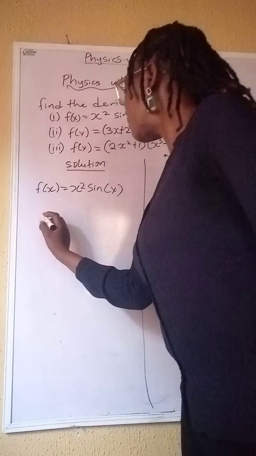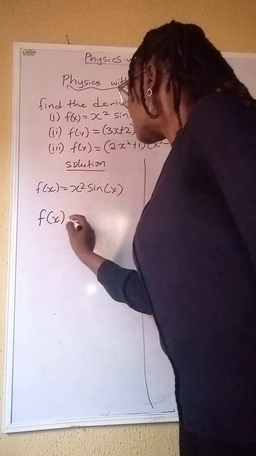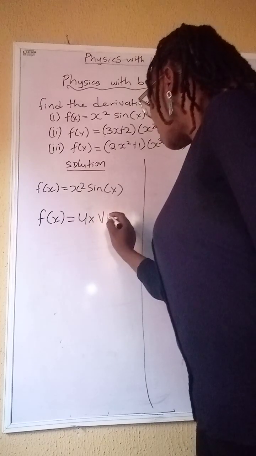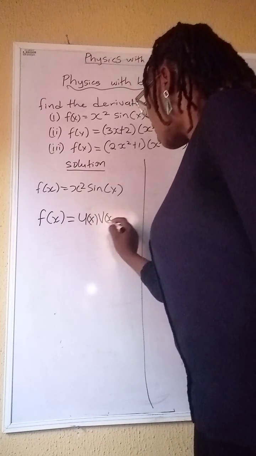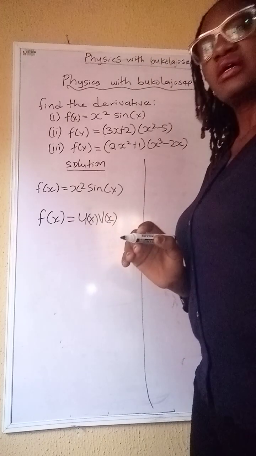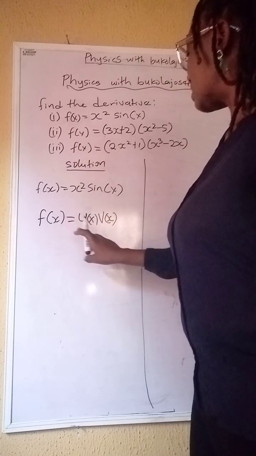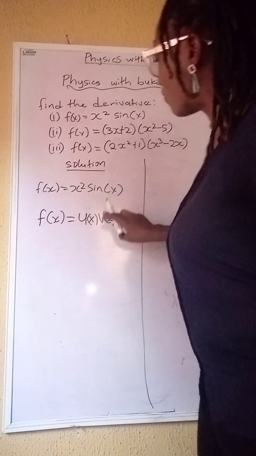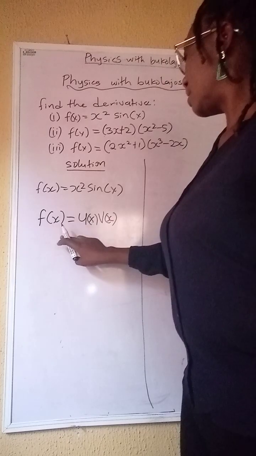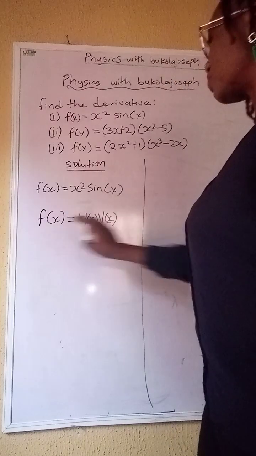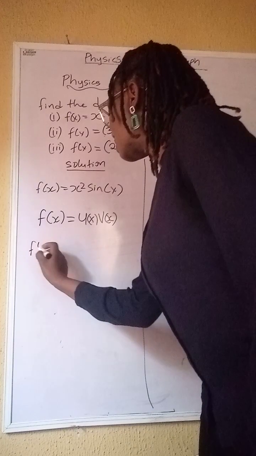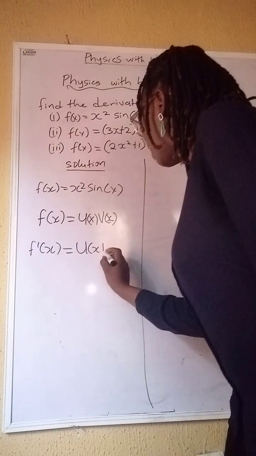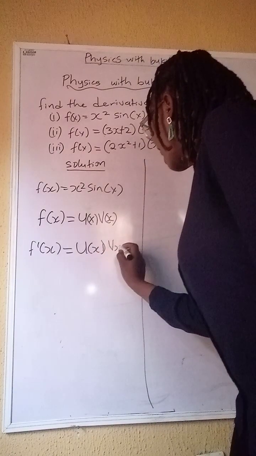Supposing we have a function f of x is equal to u of x and then v of x, where u of x and v of x are all functions of x. Now if you want to differentiate this with respect to x, it's going to be like this. You have this, close bracket, v of x.